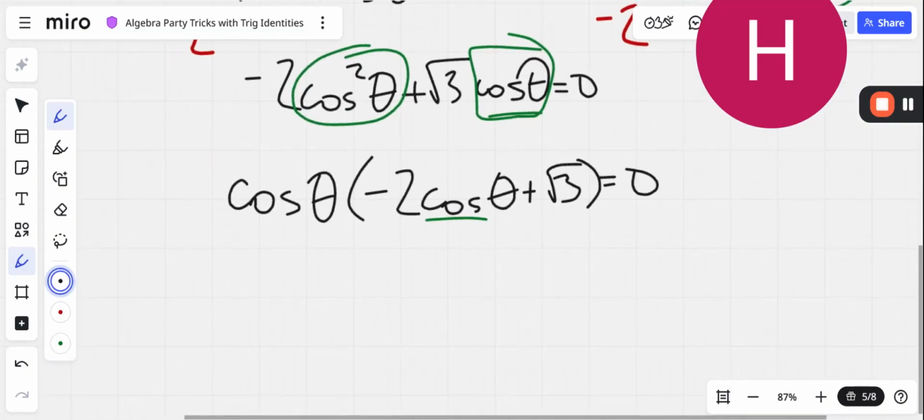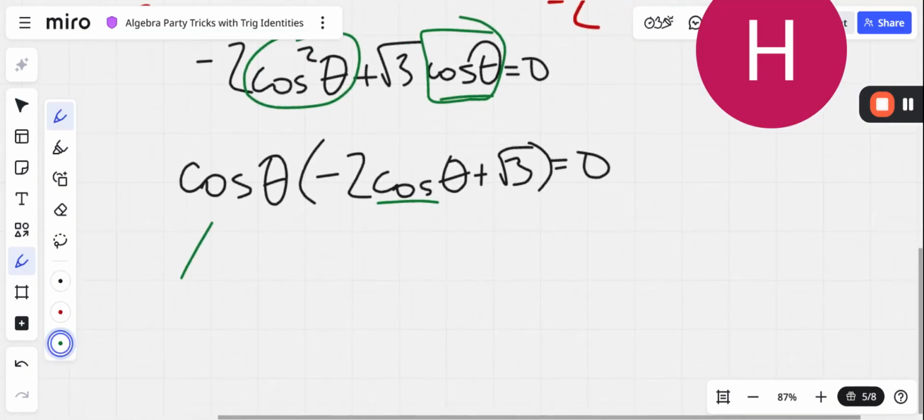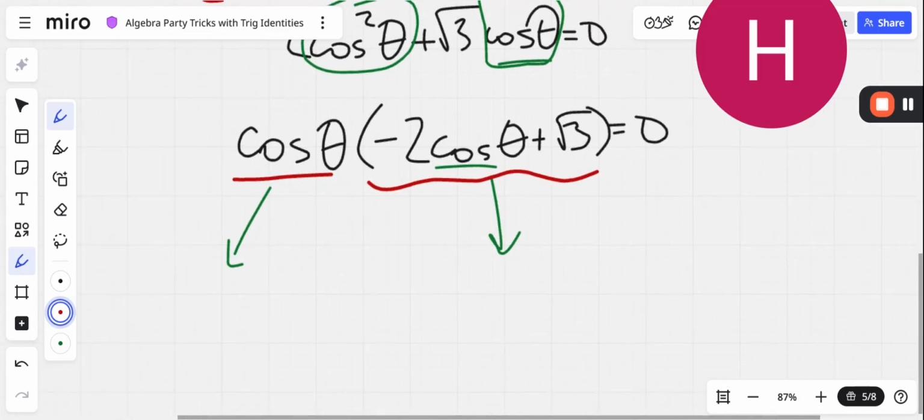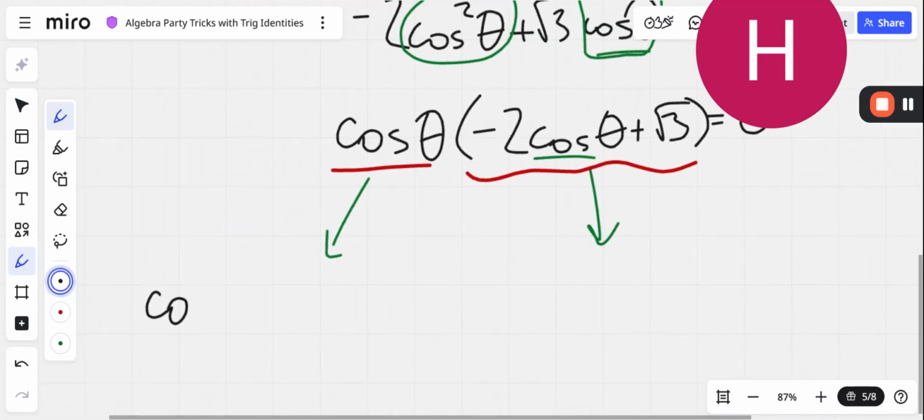And we get to use the beautiful zero product property. It's so useful to use the zero product property. It basically says that when two things are being multiplied, so that's this cosine theta and this entire packet in the parentheses, negative 2 cos theta plus square root of 3, when those two are being multiplied, if the result is 0, that means one of them had to be 0.